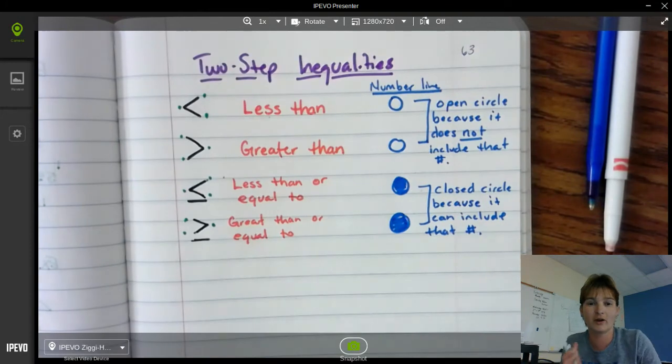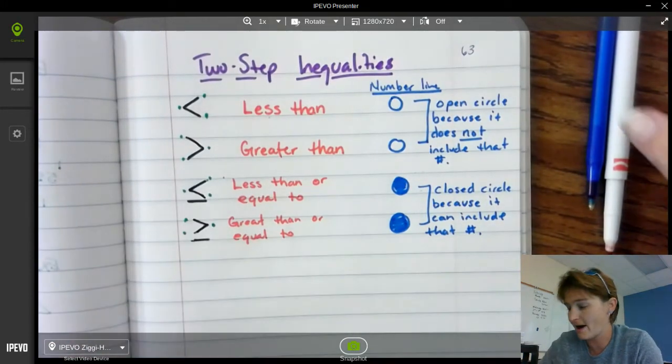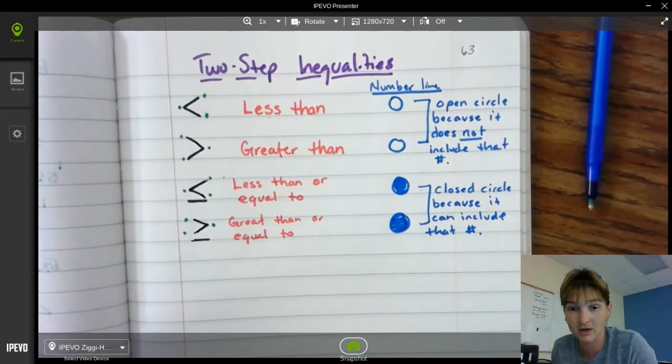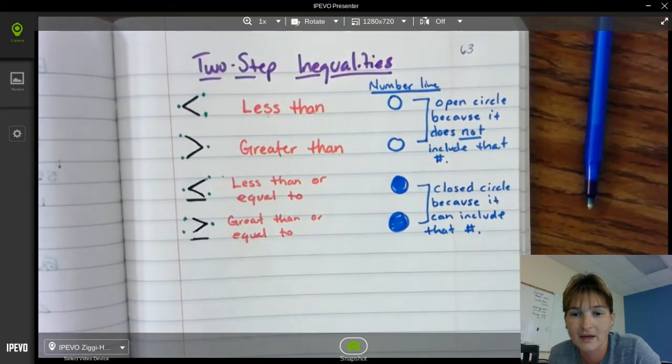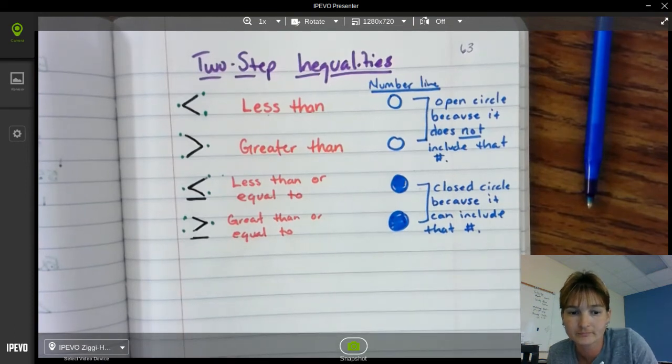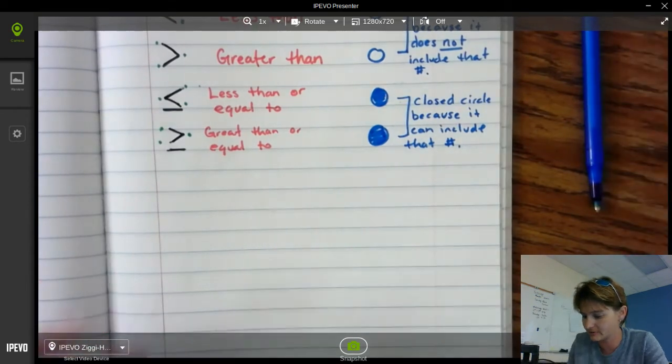So we have less than or greater than with an open circle when we put it on a graph or number line. And then you have less than or equal to, greater than or equal to with a closed circle when we are going to put it on a number line.